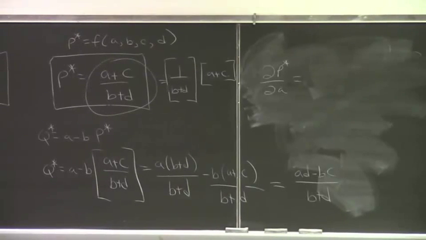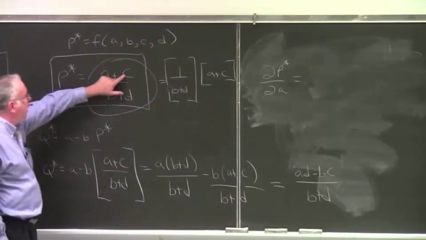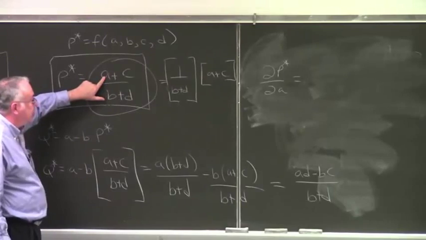The derivative of the numerator is, with respect to a, 1. It's the answer you gave before. So you were just anticipating my next question. The derivative of this numerator with respect to a is just 1.